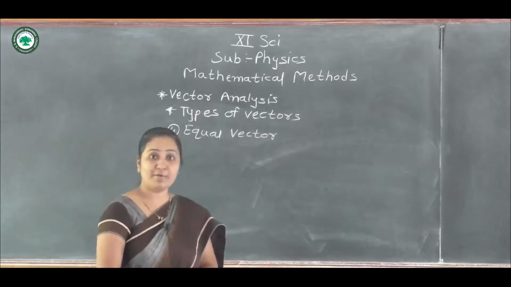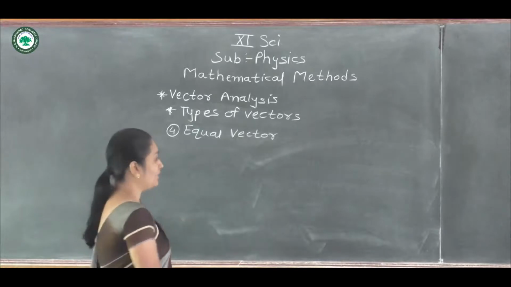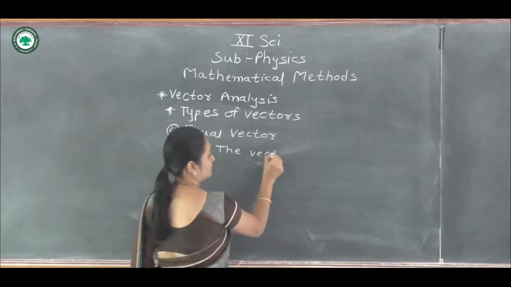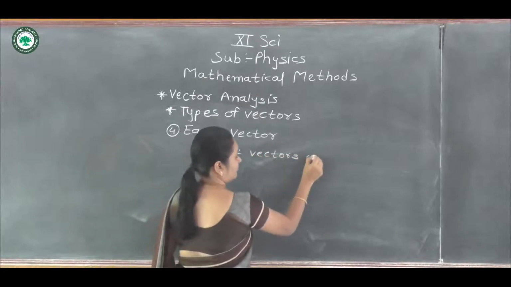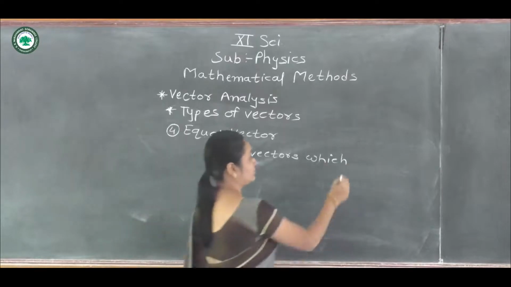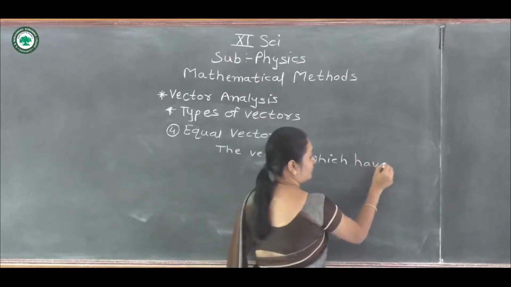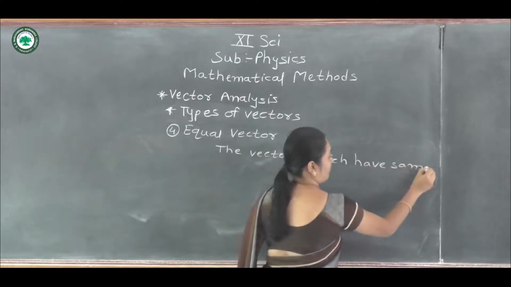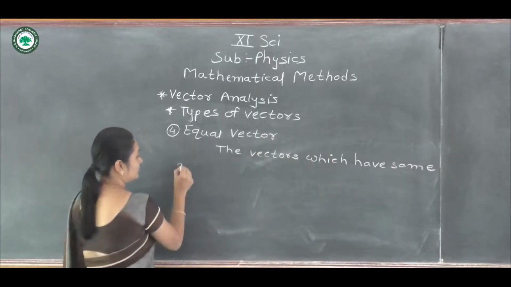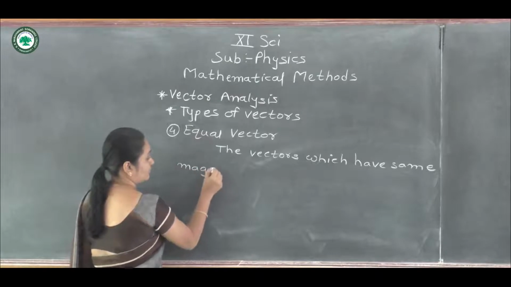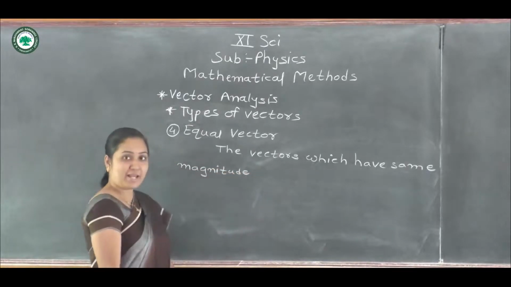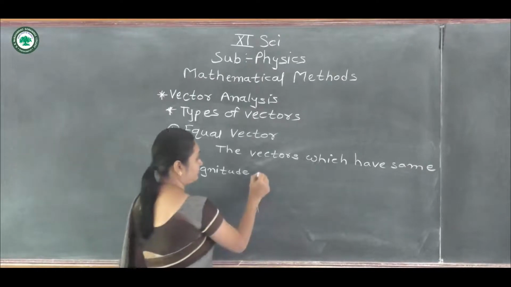Equal vector means the vectors which have the same magnitude as well as direction.